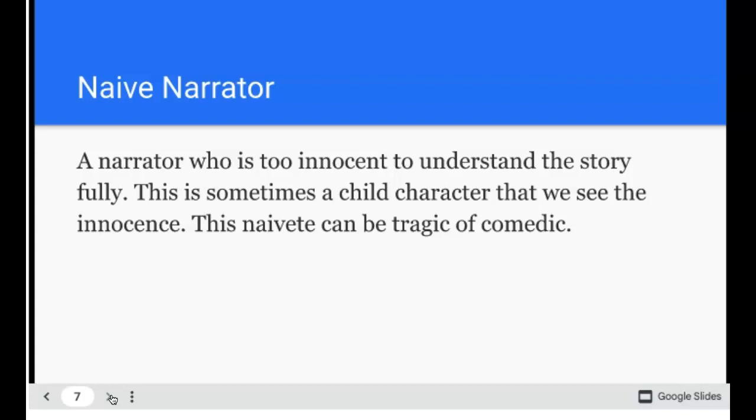She doesn't understand why some of these things are happening, and that adds to the story immensely. And so a naive narrator is a very important kind of narrator, one that we often love to read because we can see that the character, and this is kind of a form of unreliable, is not doing it on purpose. They just don't know the real happenings of the world.